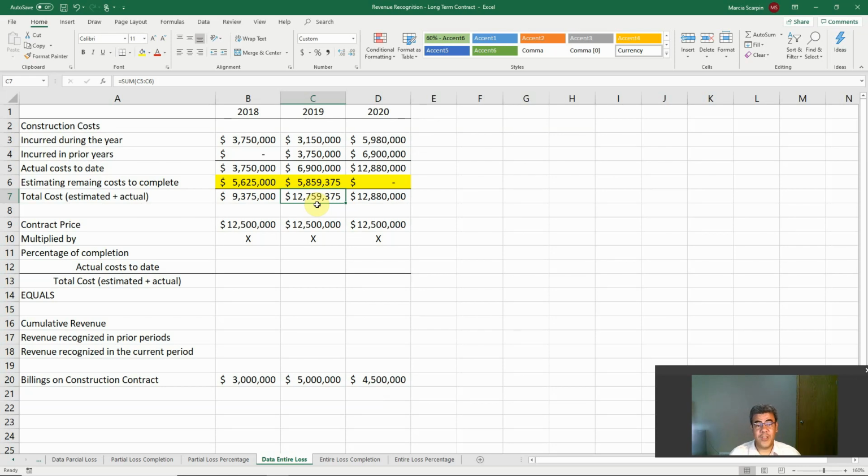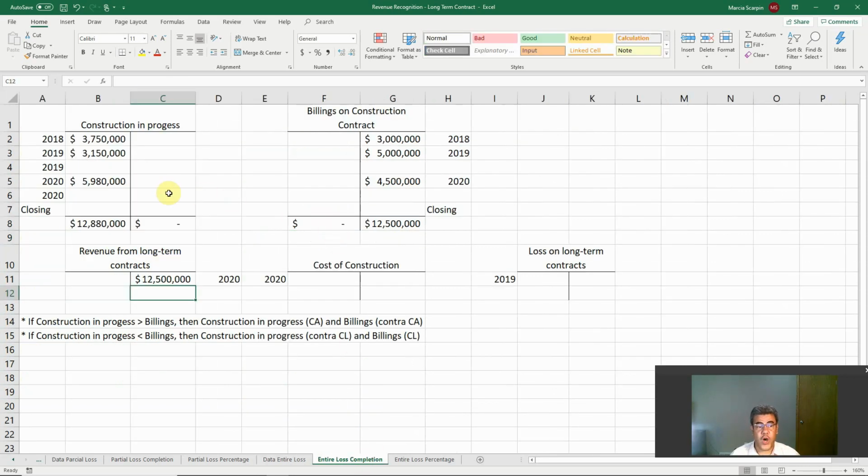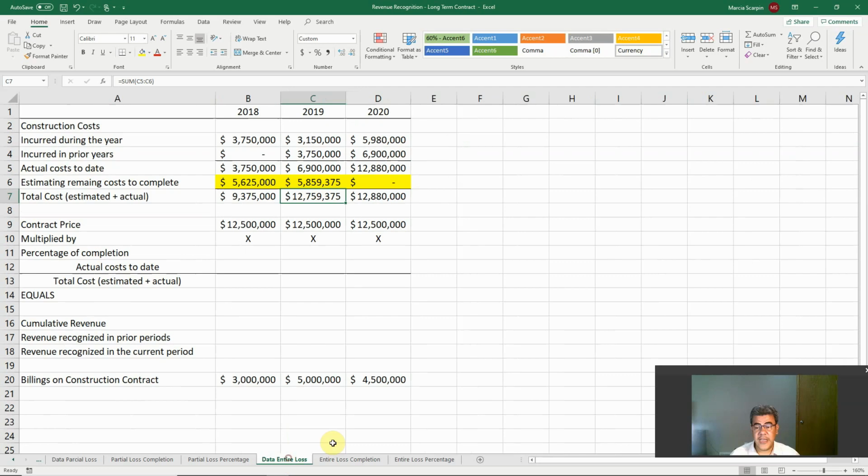So 12.7 is our estimated number against 12.5, the contract price. So here it doesn't matter when we recognize our revenue. We need to record this loss here because it is a permanent loss.